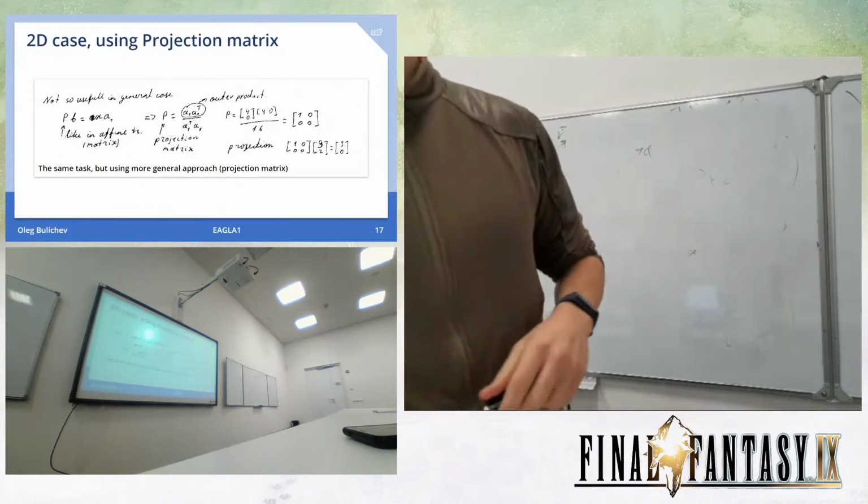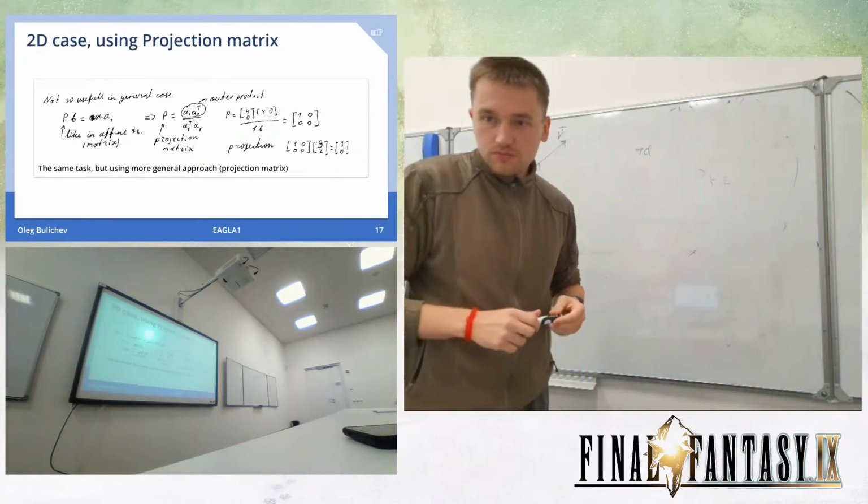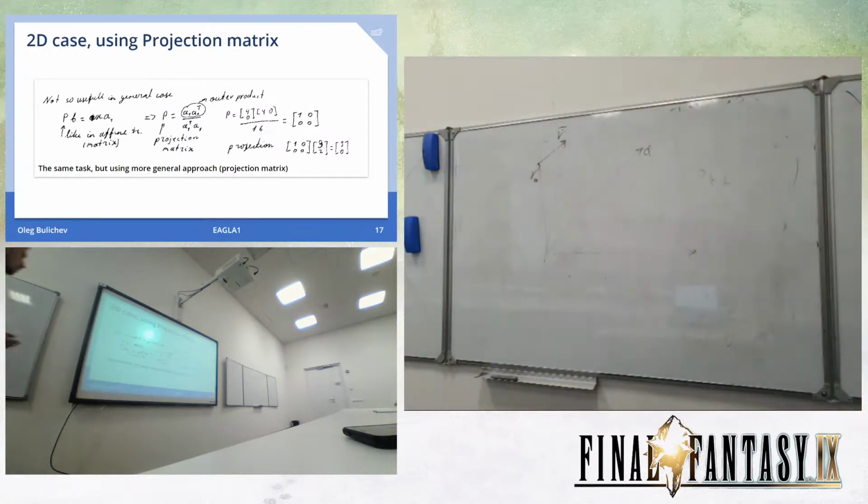Also, I give you the general form, not so useful, the previous one. Actually, we can also represent it in another manner. You remember we have E, from the previous one, equal to B minus AX. We can rewrite it in another form. So let's find some matrix, some transformation.